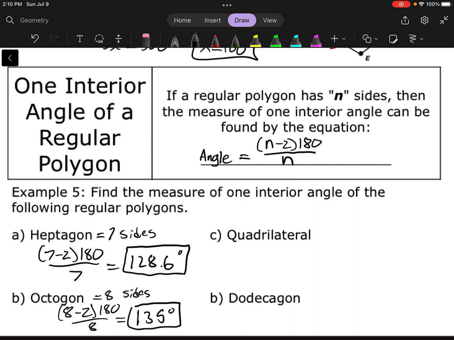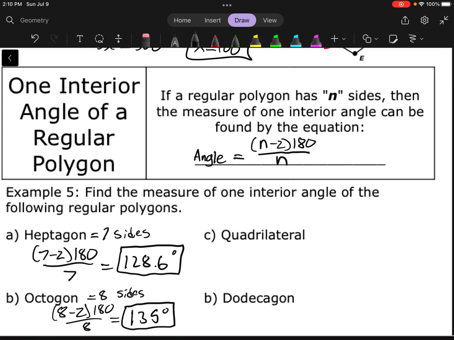So a regular octagon would have 8 angles, each one being 135. A quadrilateral obviously has 4 sides. So we would do 4 minus 2 times 180 divided by 4. And we should get 90 for that one. A regular quadrilateral is just a fancy way of saying a square. So, of course, a square has 90-degree angles.